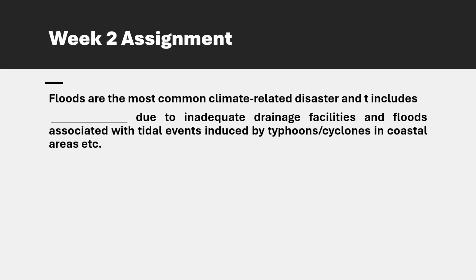Floods are the most common climate related disaster, and it includes dash due to inadequate drainage facilities and floods associated with tidal events induced by typhoons, cyclones in coastal areas, etc. What the question is asking is the different kinds of floods formed due to inadequate drainage facilities and associated with tidal events, all those things.